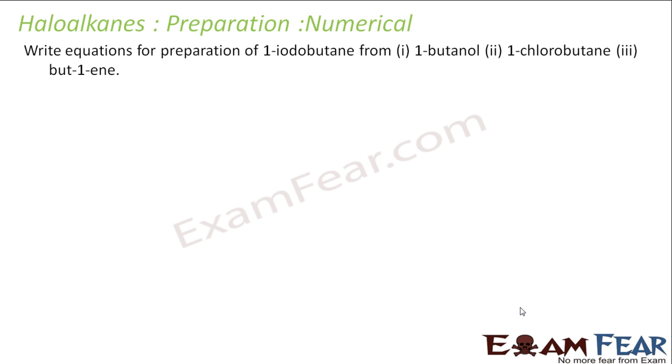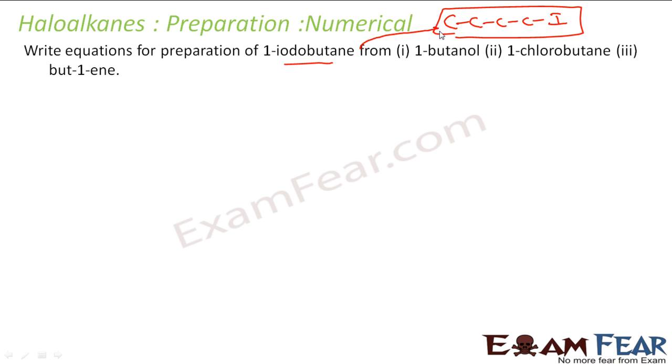We write the equation of formation of 1-iodobutane from 1-butanol, 1-chlorobutane and butene. So what we have to form is 1-iodobutane. So, 1-butanol. I have 1, 2, 3, 4. This is what we have. In this I have to replace OH.